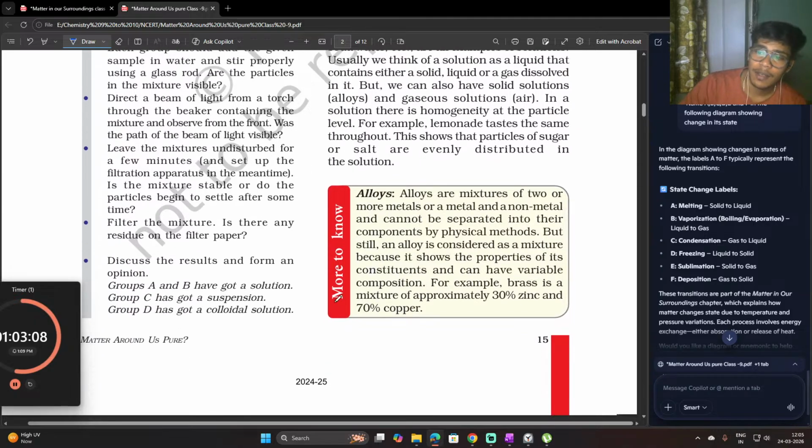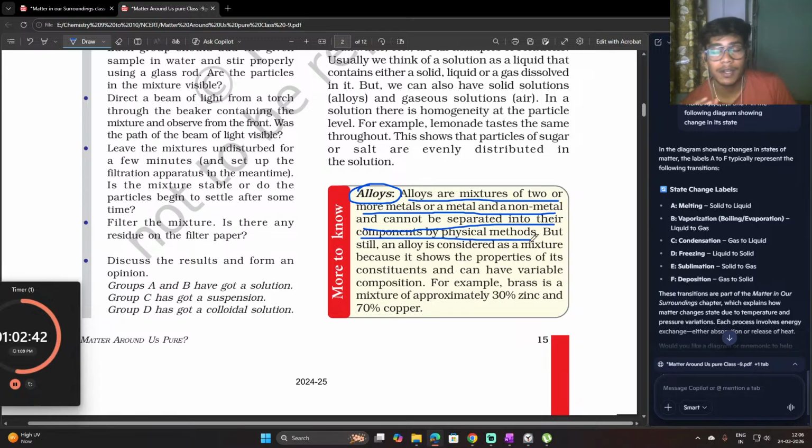So here is more to know about alloy. What is alloy? Alloys are mixtures of two or more metals, or a metal and a non-metal. These are called alloys and cannot be separated into their components by physical methods.